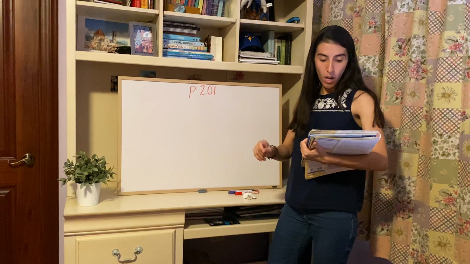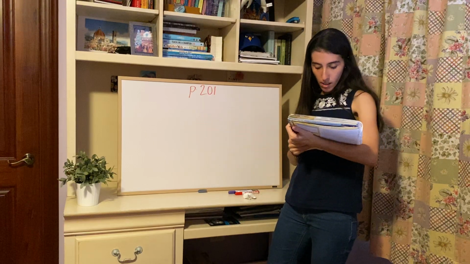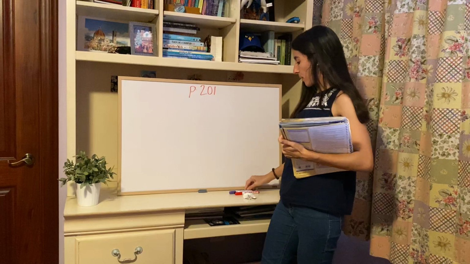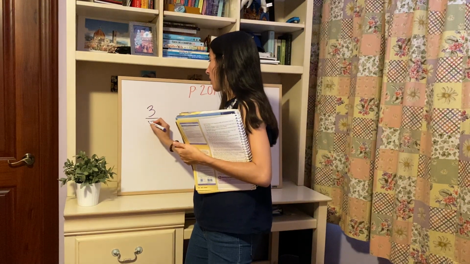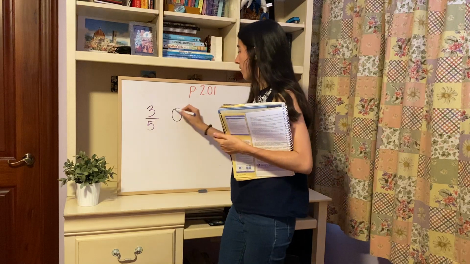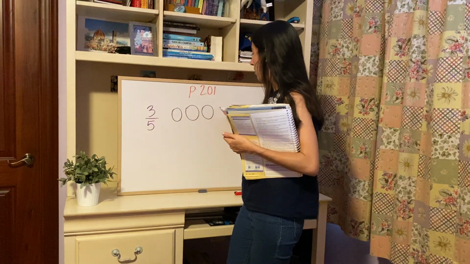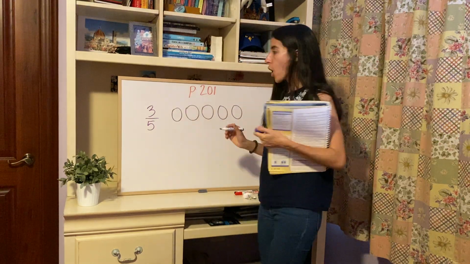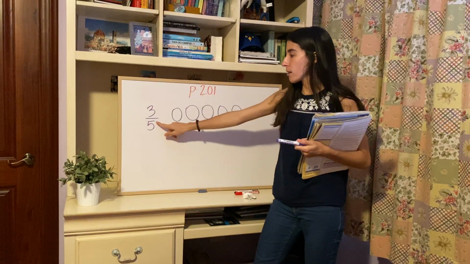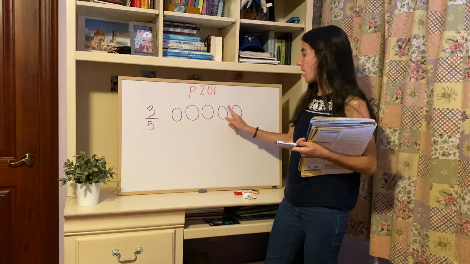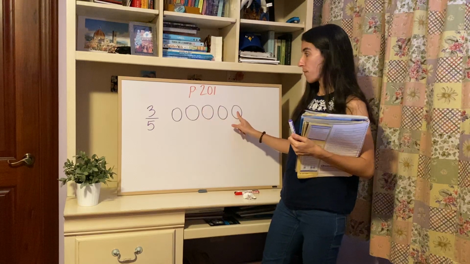So number 1 says 3/5 are blue. They're giving you the fraction 3/5 of these 5 circles are blue or shaded, okay? So the denominator tells me how many equal parts I have, 5.